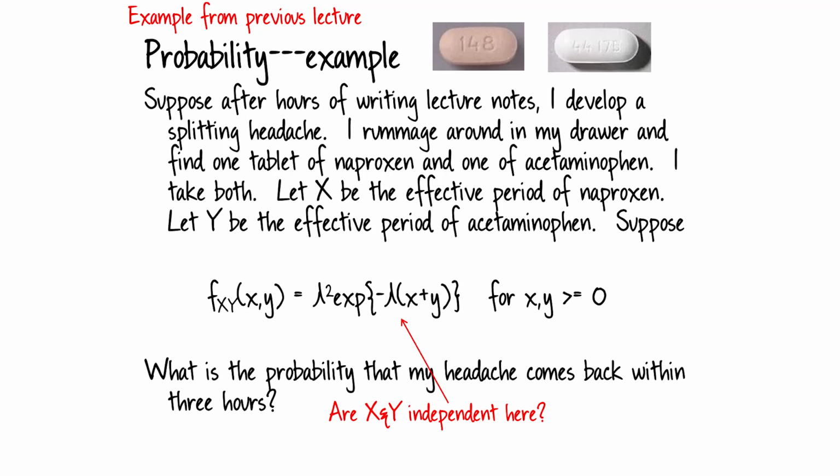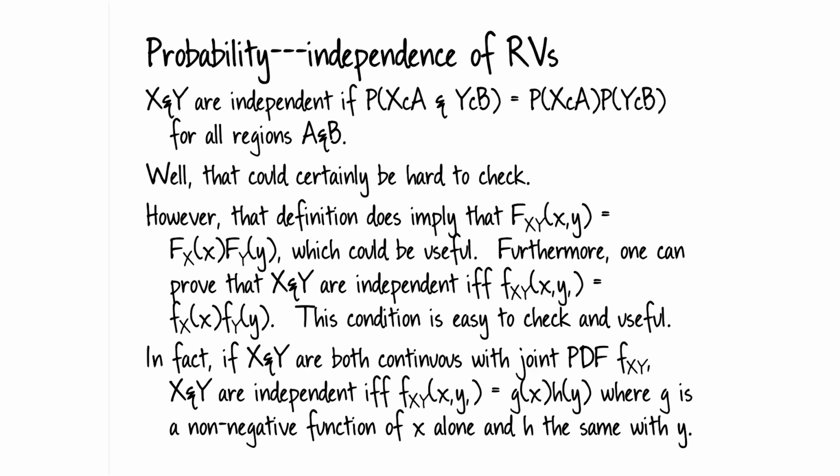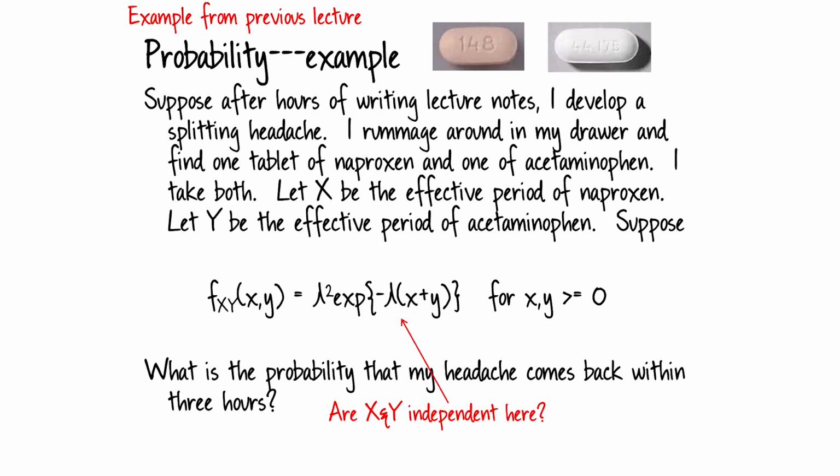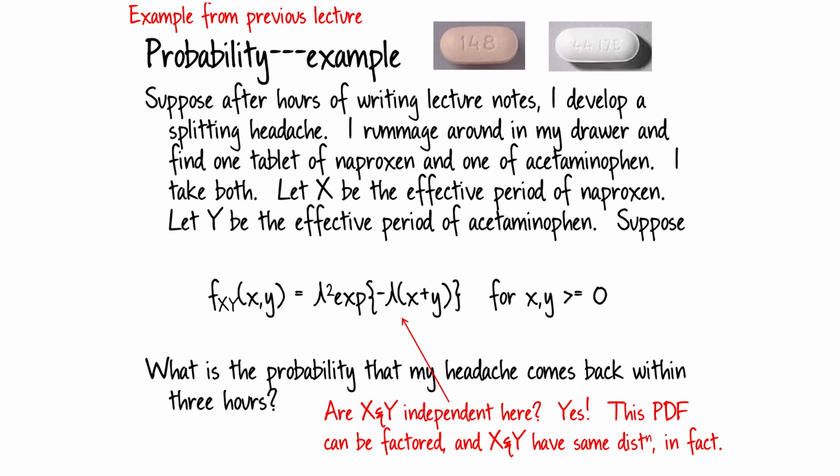So are X and Y independent here? What do you think? We look at this joint PDF and see if it fits any of these conditions, for instance, whether we can factor it into non-negative functions of x alone and y alone. And in fact, we can. So this PDF can be factored.